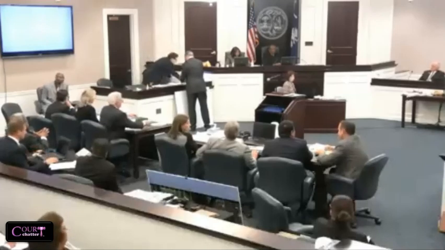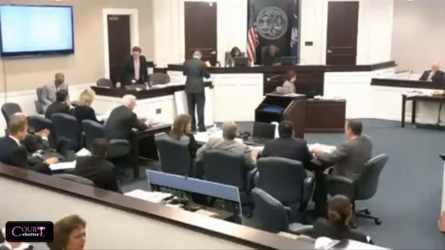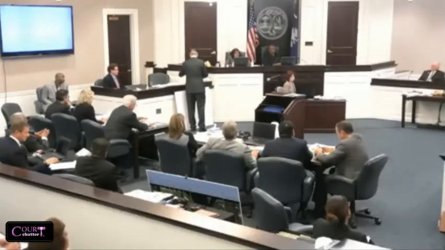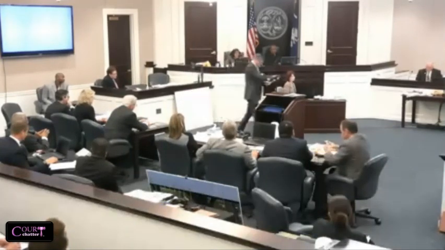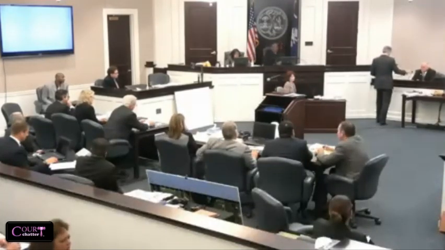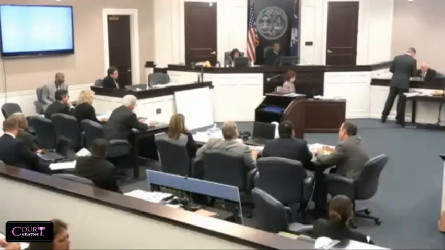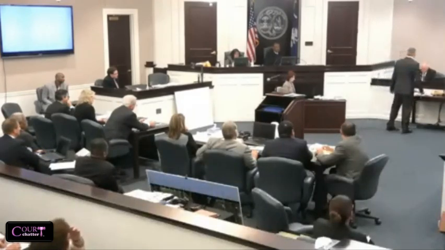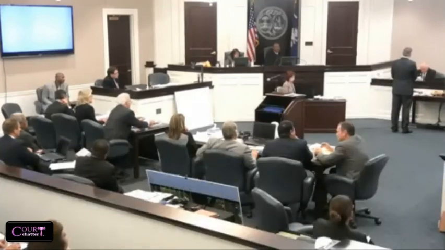I'm going to show you what's been marked for identification as Defendant's Exhibit 49. Do you know why there's a difference in those images? Do you know where that blur comes from?